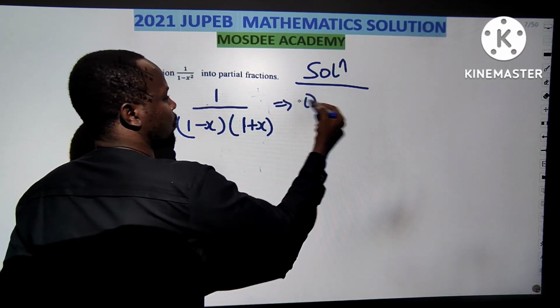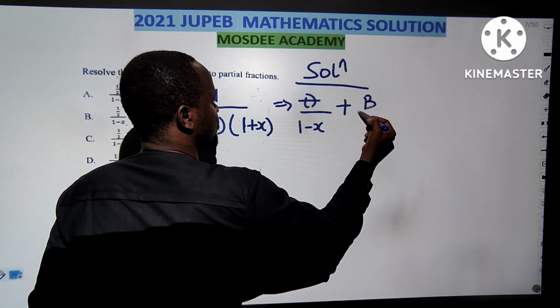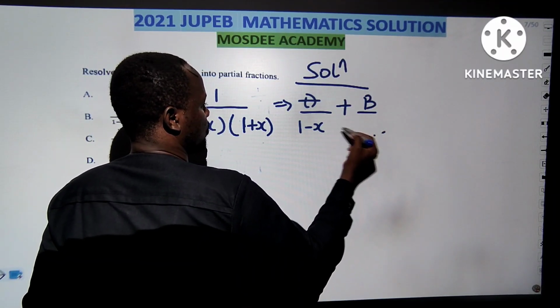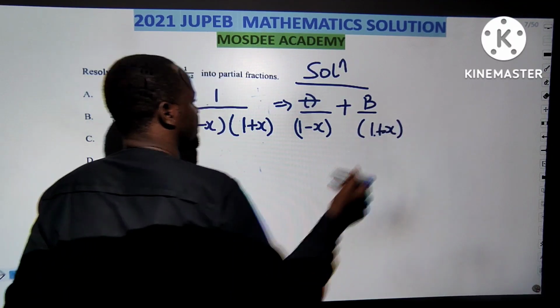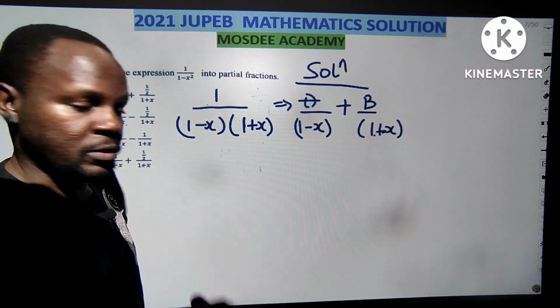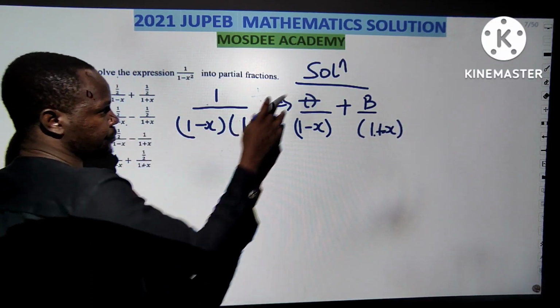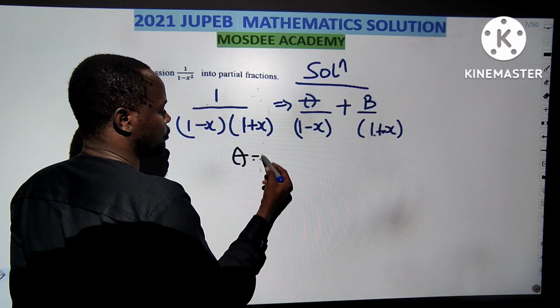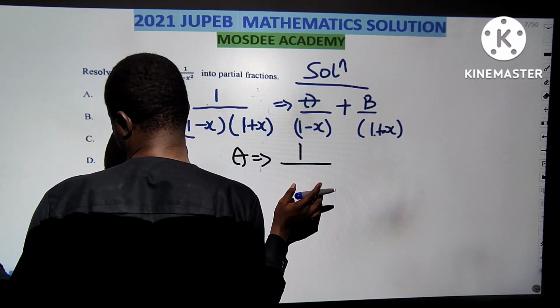It is equal to a over 1 minus x plus b over 1 plus x. So I will use the direct shortcut, which I have actually explained in concept videos many times. Using that direct shortcut, the value of a will be equal to 1 over the other expression under here.